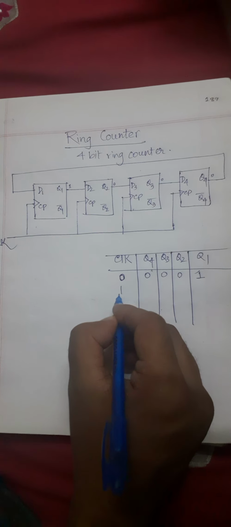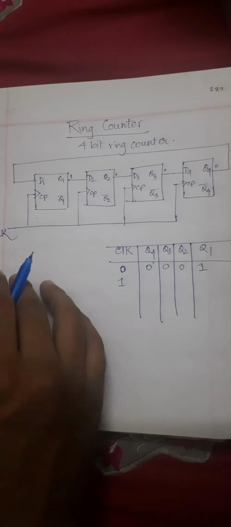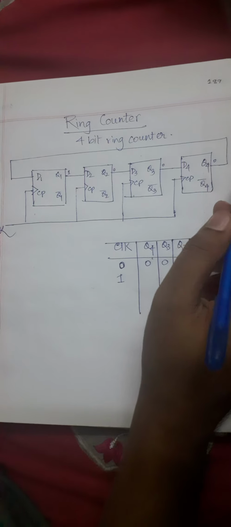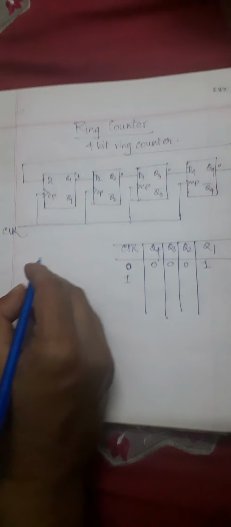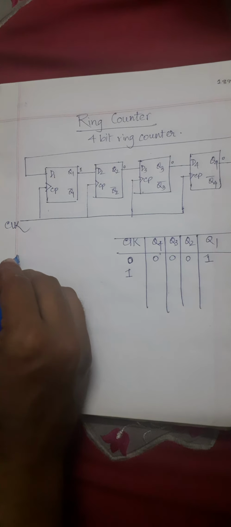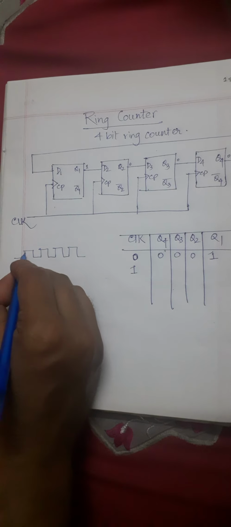Then if we have a clock pulse of 1, what will happen in that case? At that point in time, there will be some sort of shifting. This is a little bit tricky, but you have to understand this part. Which clock pulse are we talking about? We are talking about this kind of clock pulses. When a rising edge occurs, in this shift ring counter some sort of shifting will be done.